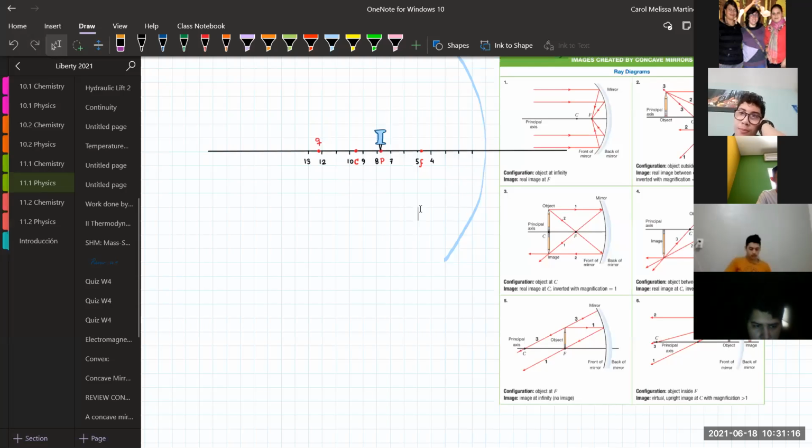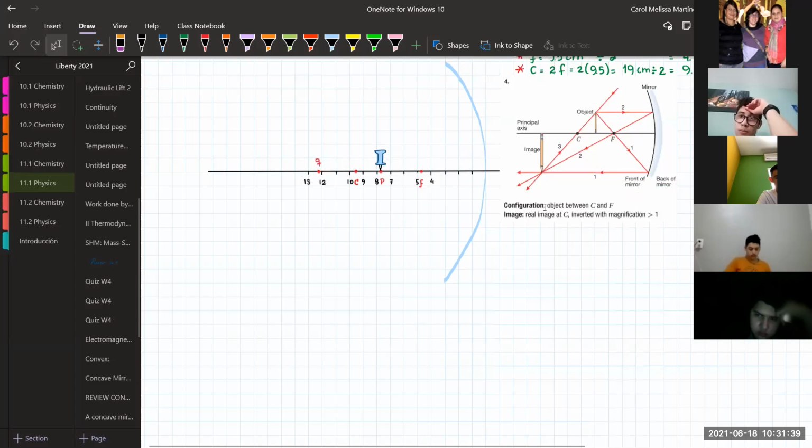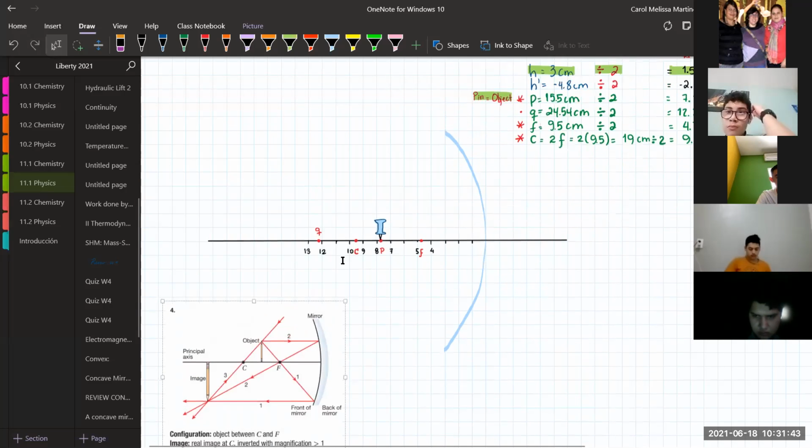So let's see. We're going to focus on configuration 4 only. Wait a second, I'm going to bring it. It's because all that table is very big, so I cannot have it on the whiteboard. So I'm going to use this configuration only as a reference for the sketch.